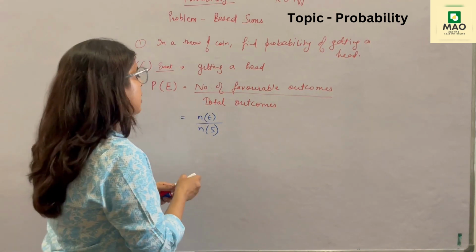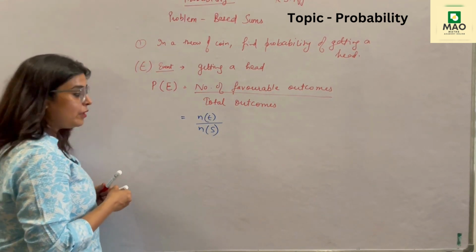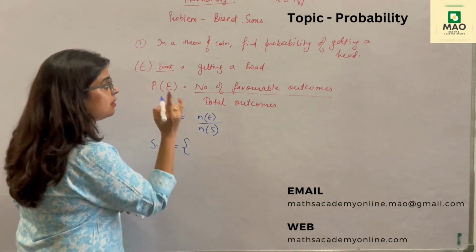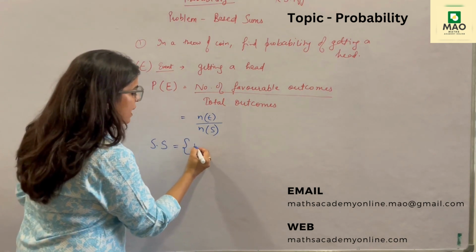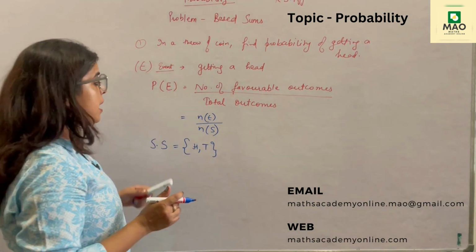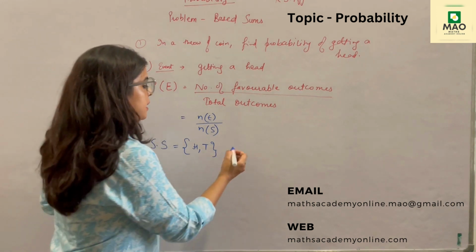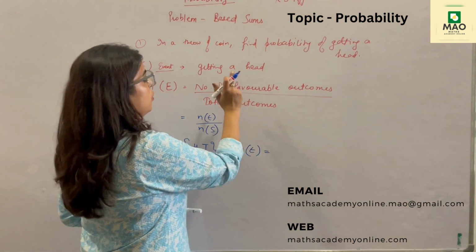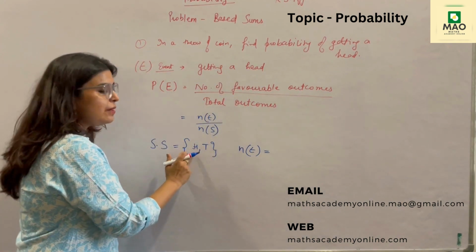In short, I have to start my sum now with the sample space. So what is my sample space here? A coin is thrown, so H, T. This is my sample space. And now what is the event? How many times has the event come? The question was getting a head. So how many times is head coming?